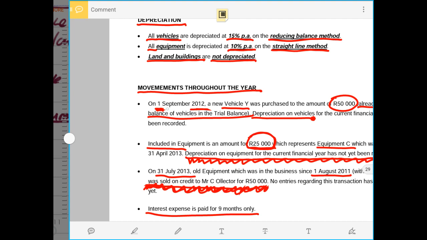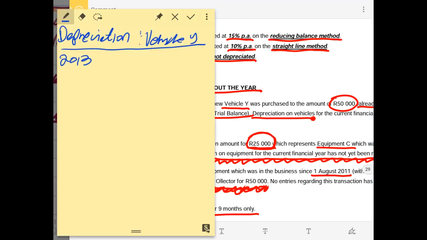But remember, the 1st of September is during the accounting period that ends 31st of July 2013. So now hence I write that as 2013, because the accounting period that ended 31st of July 2013 started on the 1st of August in the year 2012. So now anything that took place in the year 2012 after July was for the 2013 accounting period. Hence now the depreciation will be for the year 2013.